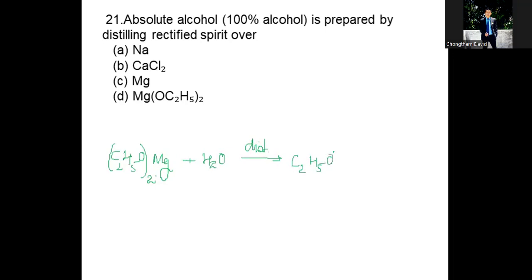One is the distillate, which is the one which boils first, and magnesium hydroxide is your residue. To balance this, you can put here 2. So this is the process of how absolute alcohol is prepared by distilling rectified spirit. The answer will be magnesium ethoxide.